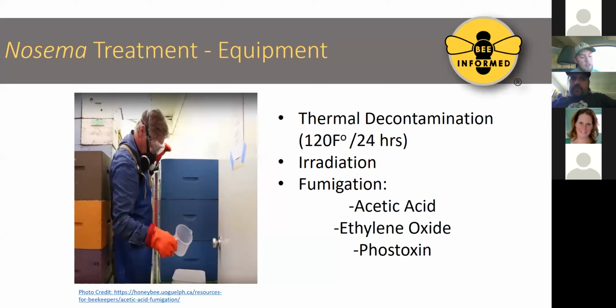So here you can use thermal decontamination, where you want to get your equipment up to 120 degrees and hold it at that temperature for 24 hours. This will kill the Nosema spores. And then irradiation has been known to kill AFB spores, which in turn will most likely kill the Nosema spores. And then fumigation with acetic acid, ethylene oxide, and phostoxin.